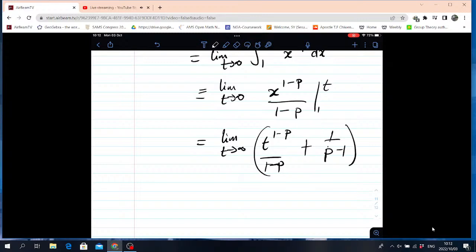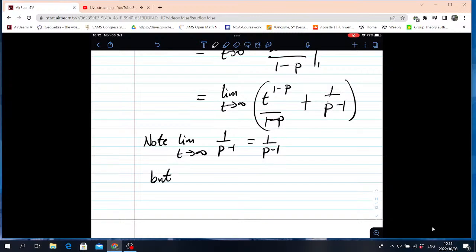We just did what we did in the last one. So now we want to see what the limits are in this case where p is less than 1. The last term is easy because there is no t involved, so it stays 1 over p minus 1.